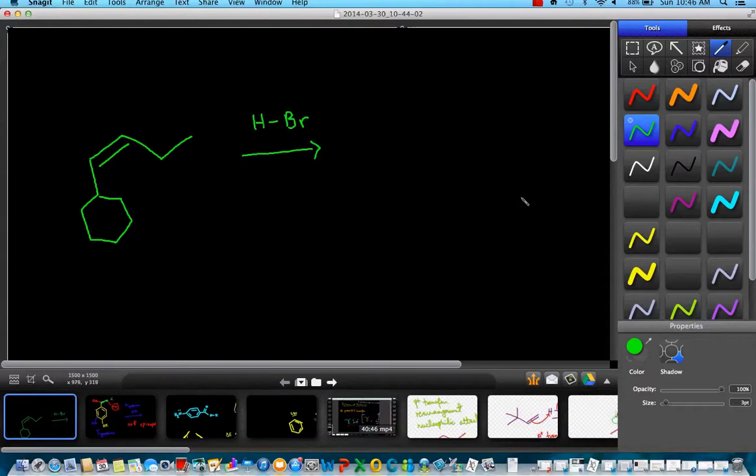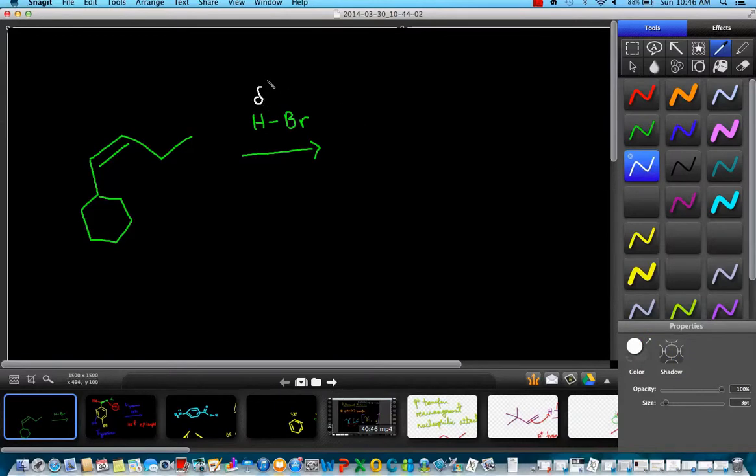Remember, our mantra is that the most reactive nucleophile makes a bond with the most reactive electrophile. So the first step is to identify the most reactive nucleophile and the most reactive electrophile. A couple of things to keep in mind: number one, the HBr bond is really polarized.